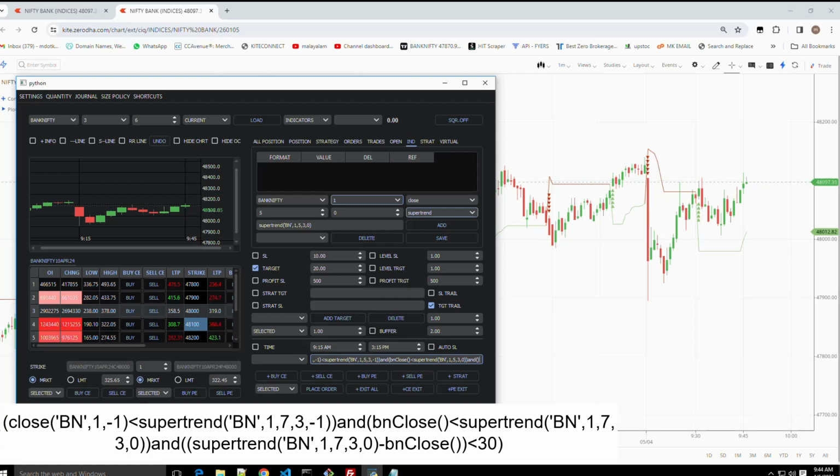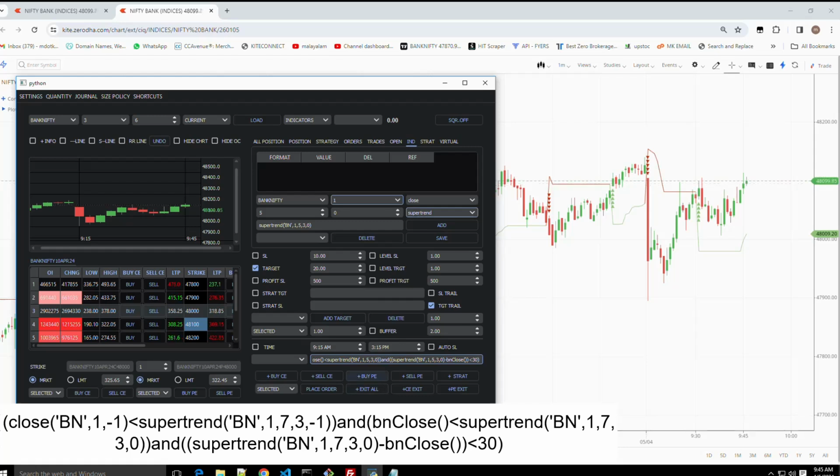And our next condition is super trend minus Bank Nifty close should be less than 10. Okay, so we have added the put condition also.